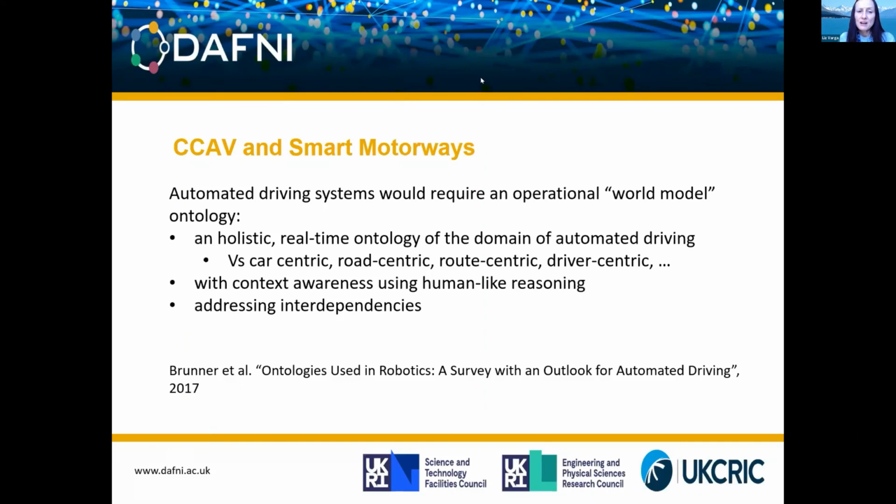We don't want it to be car-centric, nor road-centric, nor route-centric, nor driver-centric. It needs to be the whole system. It needs to have some context awareness, a little bit like human reasoning, but it has to address these interdependencies. And there are several ideas that are coming out about how we can do this, but it's a massive challenge because of the legacy, the history of how we've evolved so far, and it's giving us a clue about how we might want to evolve for the future.